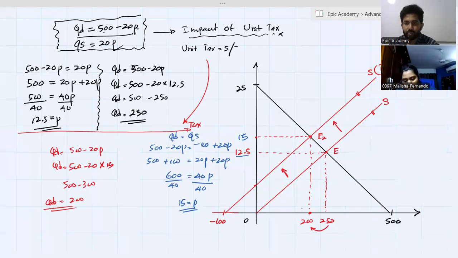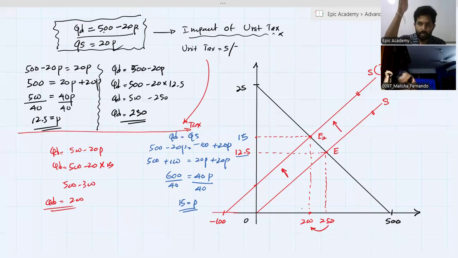Yeah, that's the point. Now you can identify the impact of the unit tax. It changed the value for the A, and the supply curve, I mean the S curve, changed direction. Sorry, it shifts the supply curve. It shifts the supply curve to the upper side, an upward shift.